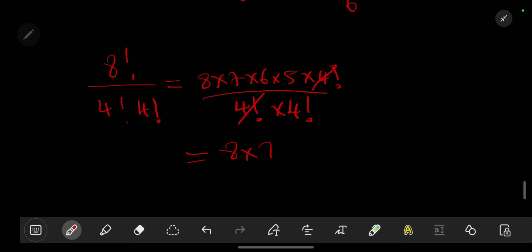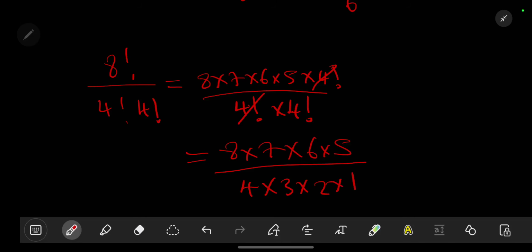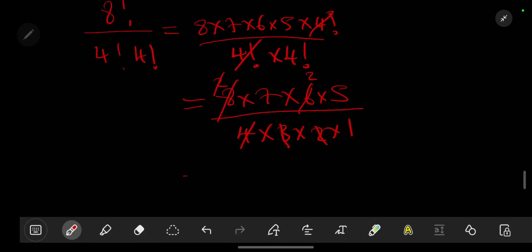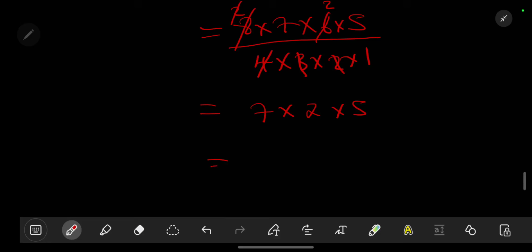We are going to have 8 times 7 times 6 times 5 over 4 factorial, which is the same as 4 times 3 times 2 times 1. So this and this cancel, we remain with a 2 here. This and this cancel, we remain with a 2 here. This 2 and this 2 can cancel, so that we just remain with 7 times 2 times 5. So 7 times 5 is 35, times 2 is equal to 70.